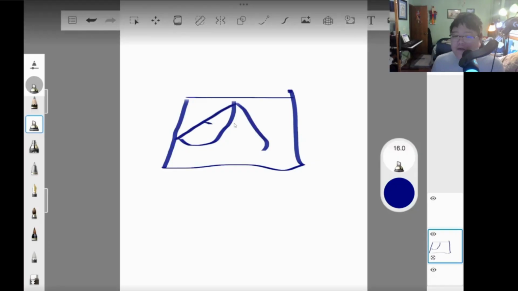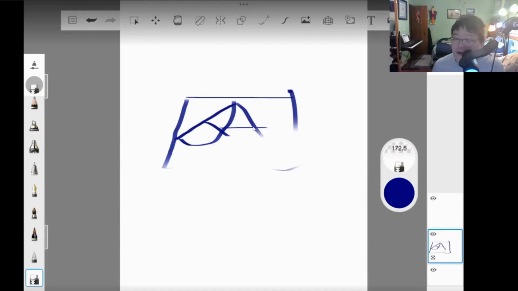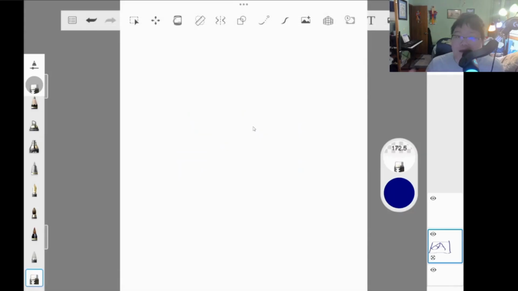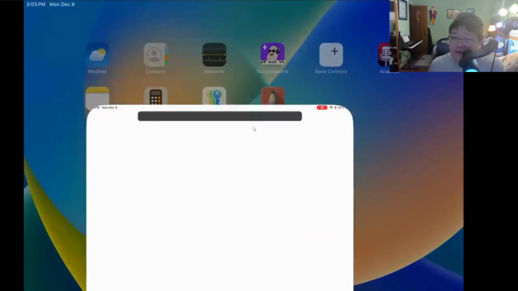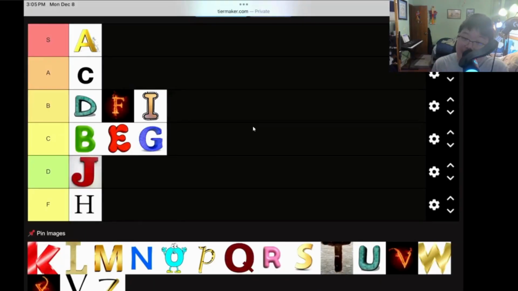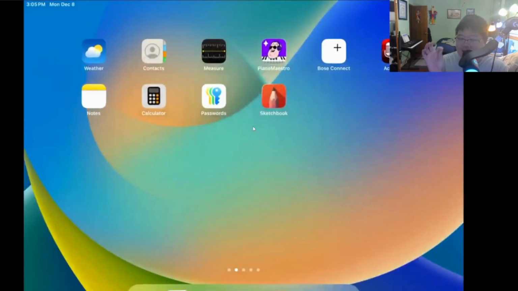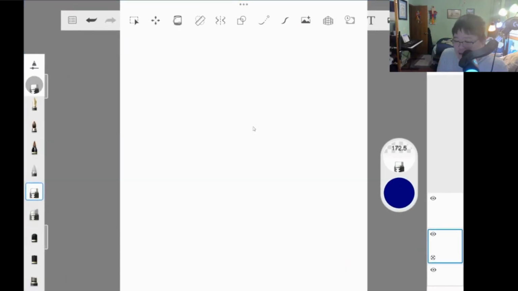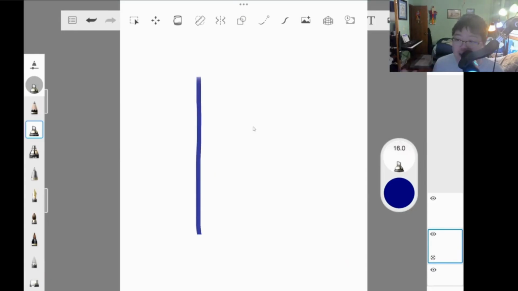If you try to do it a little bit more, you could, but that is terrible. I was just trying different things. But yeah, that is terrible. So I feel like J is not quite as bad as H, but it's pretty bad. Because you can kind of get it, because it's just that loopy leg. So it's not as bad as H, but it's pretty bad.